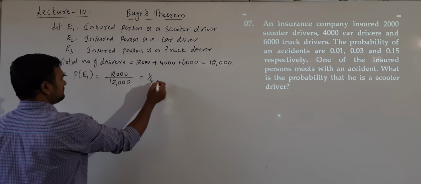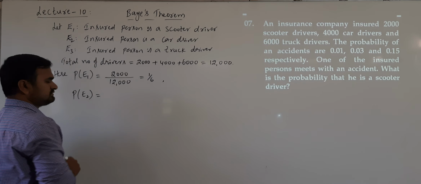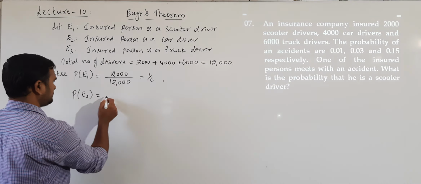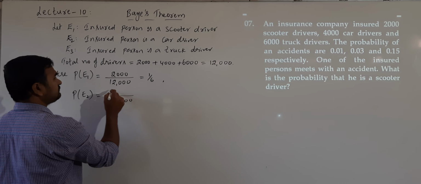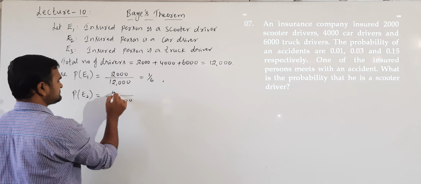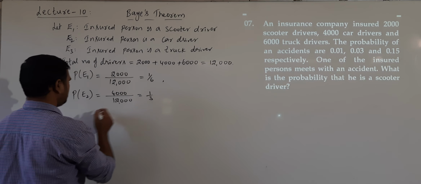Next, the probability that the insured person is a car driver. Again, in total we have 12,000 drivers, and 4,000 are car drivers, so it is 1 by 3.